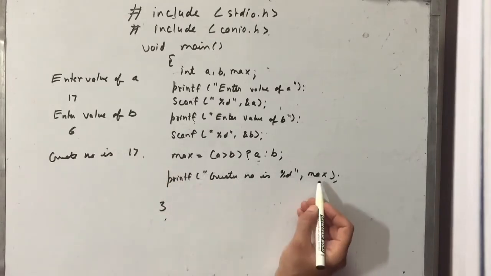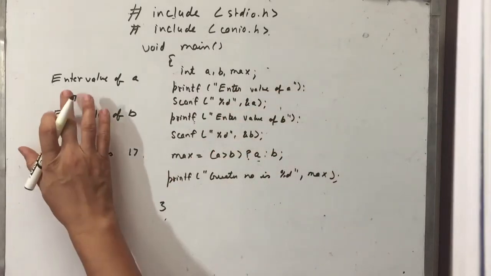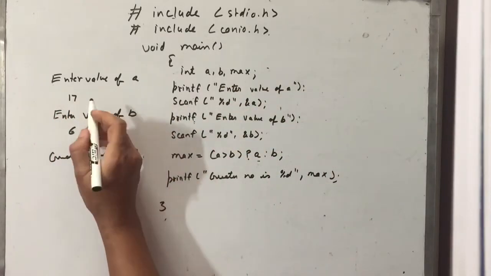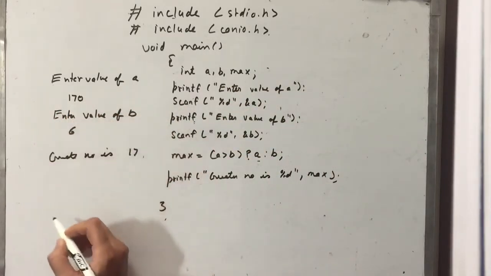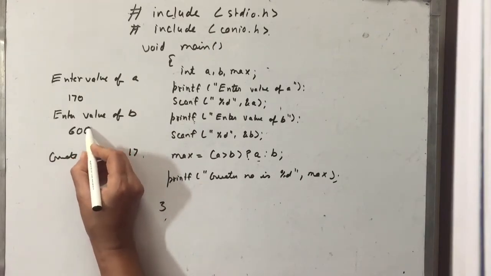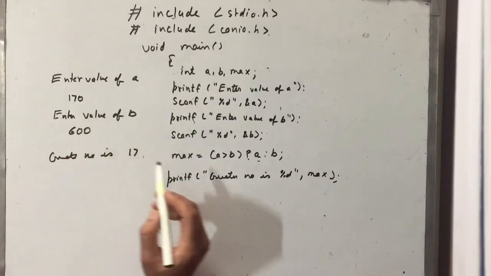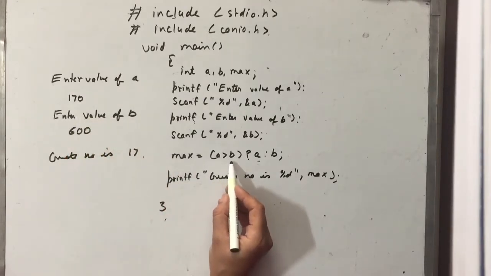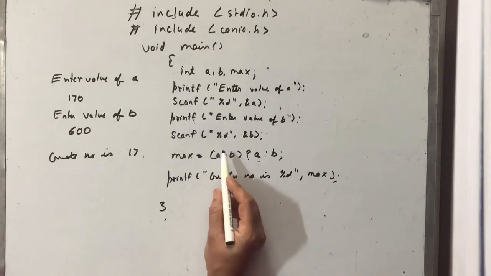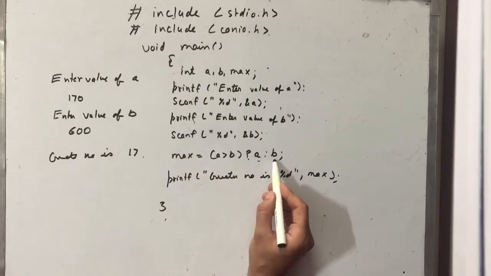Because we have printed max here. Suppose you execute this program once again. Enter value of a, suppose I give it a value 170. Enter value of b, I give it a value 600. In this case a is smaller than b, so a is greater than b is false. This condition is evaluating false because a is not greater than b, so the b part will be executed.